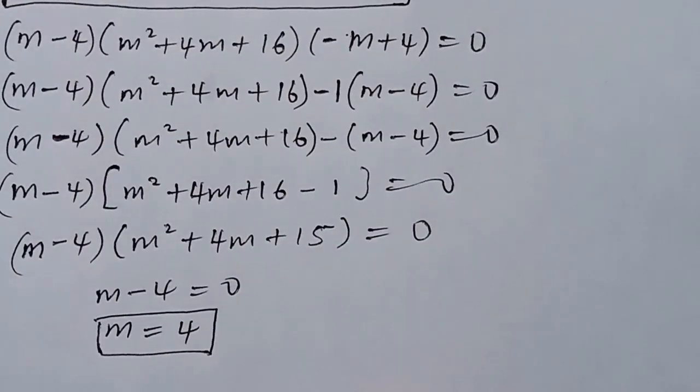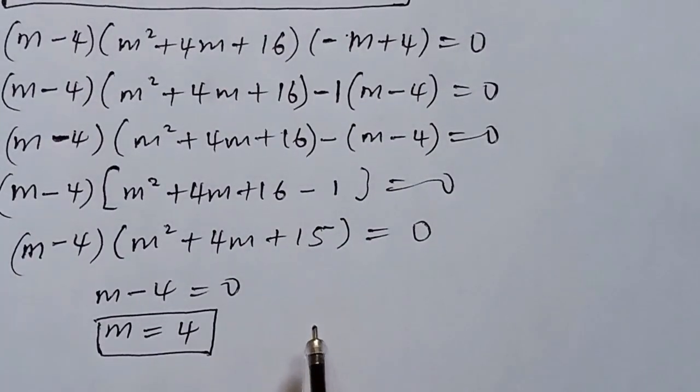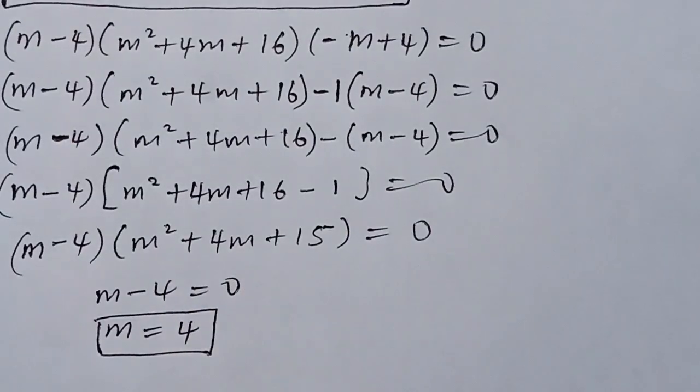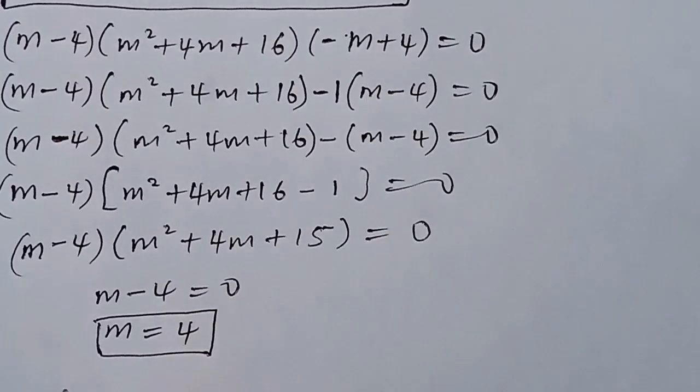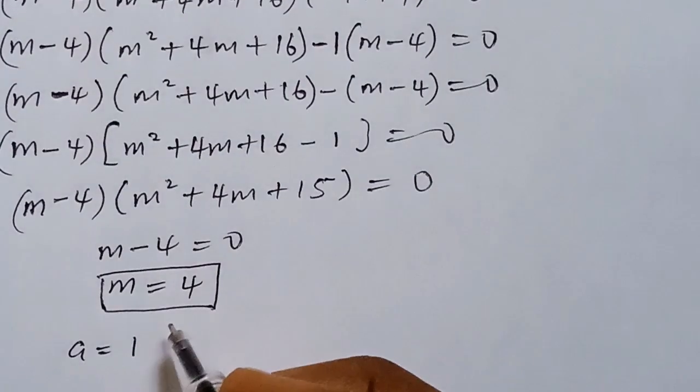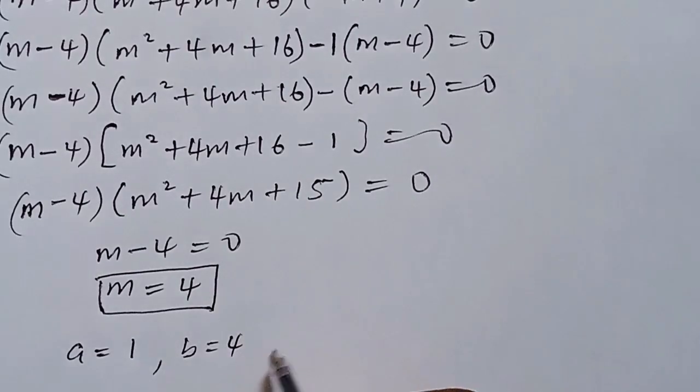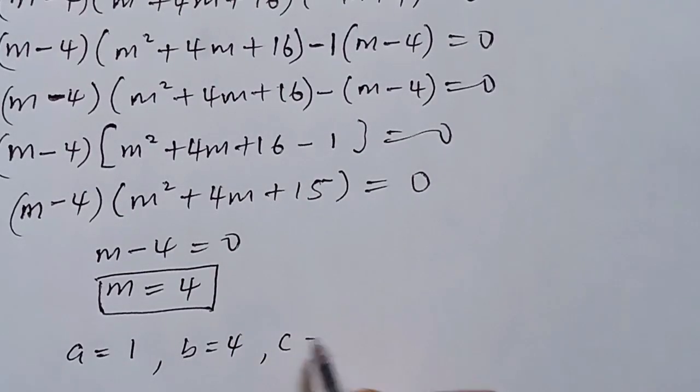Given the first value of M, then to solve for the other values of M, we consider this quadratic equation. We use the quadratic formula to solve it. So we have a equal to 1 and b equal to 4, then c is equal to 15.